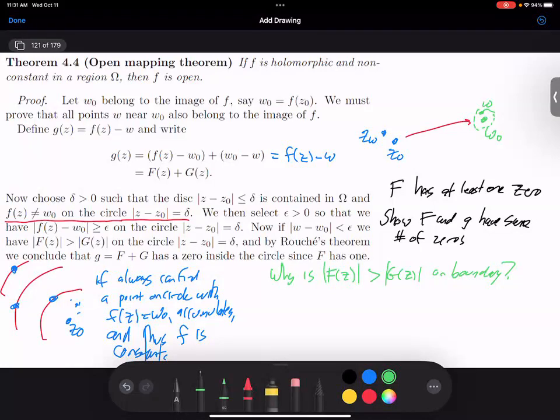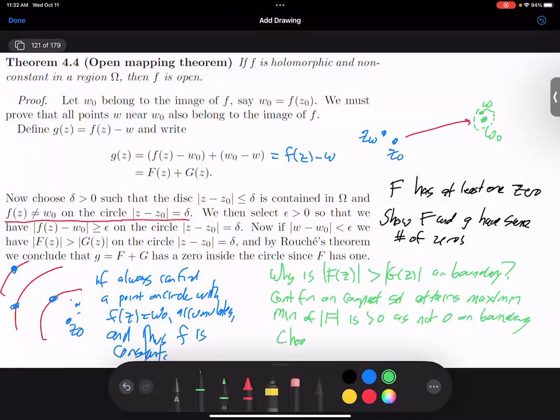Okay, so here, why is this true? A continuous function on a compact set attains its max and min. The min of the absolute value of f is greater than 0, as f is not 0 on the boundary.